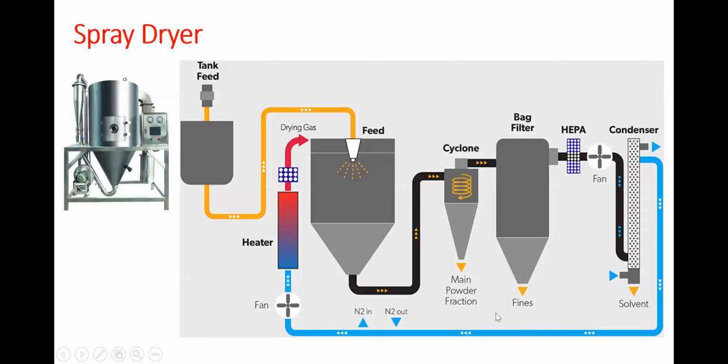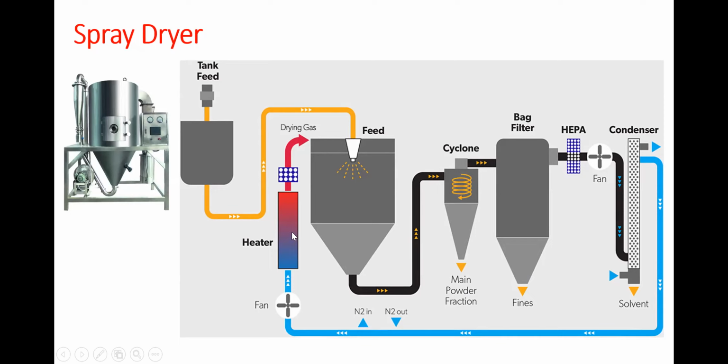And the fourth major equipment in downstream processing is the so-called spray dryer. When we want to finally dry our biomass or our single cell protein, we will use a spray dryer. It involves thermal treatment. We have a heater, and there is a fan flowing in air or nitrogen, depending on the requirement.